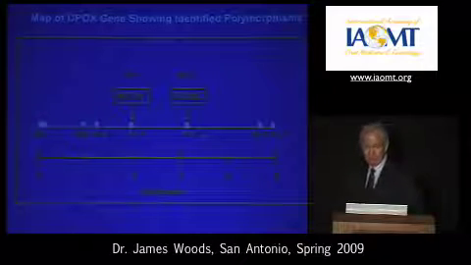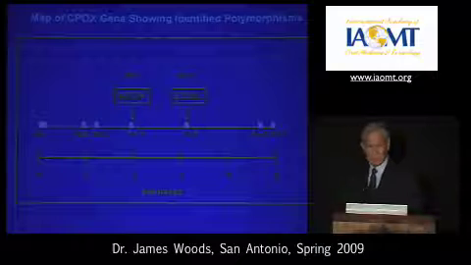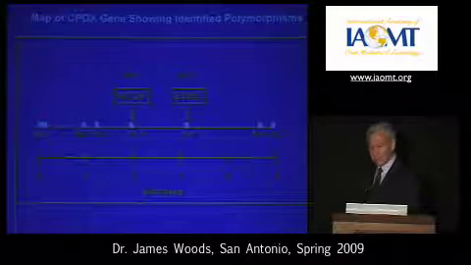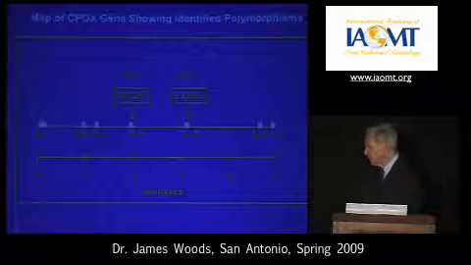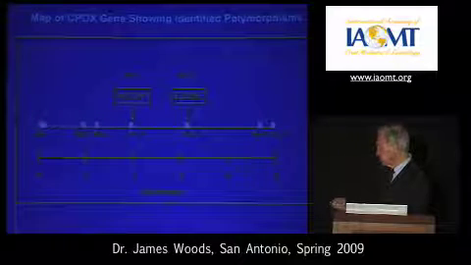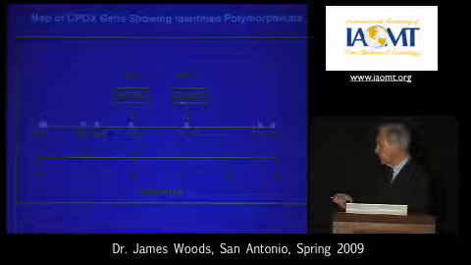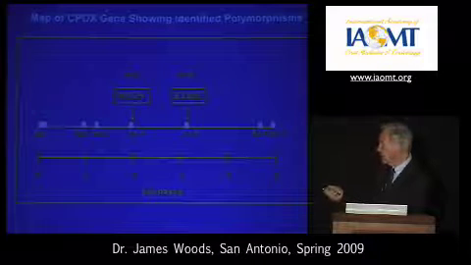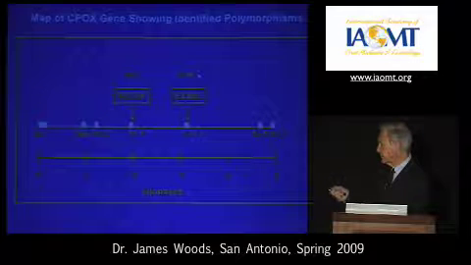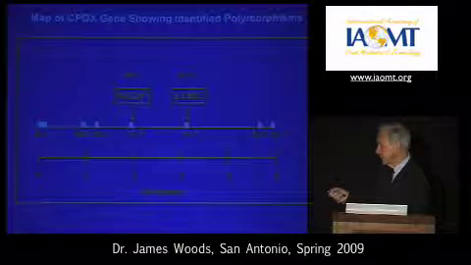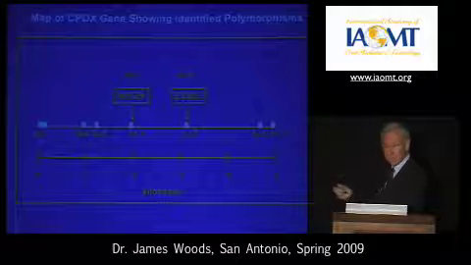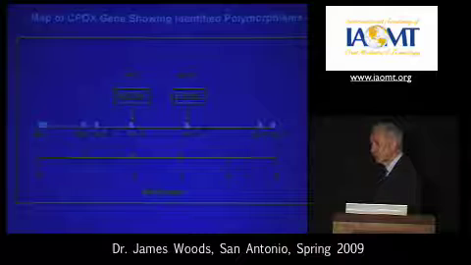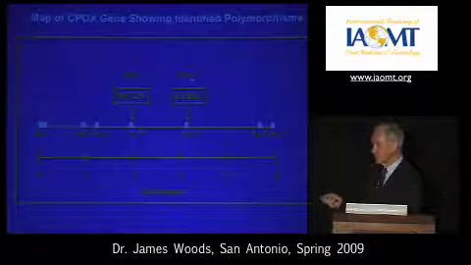So then we went on to take a look at the other gene, the copper porphyrinogen oxidase gene. And here we found two very prominent polymorphisms. This one in exon 5 has turned out to be what's called a silent polymorphism, because even though there's a single nucleotide polymorphism, it encodes the same amino acid, glutamine. Now it turns out that these are anything but silent.